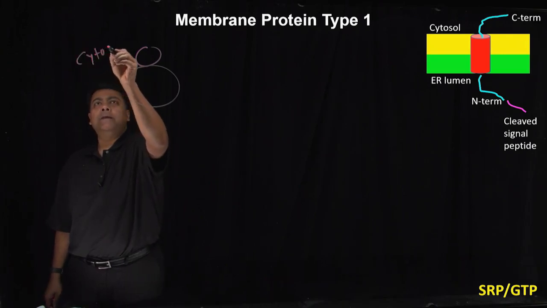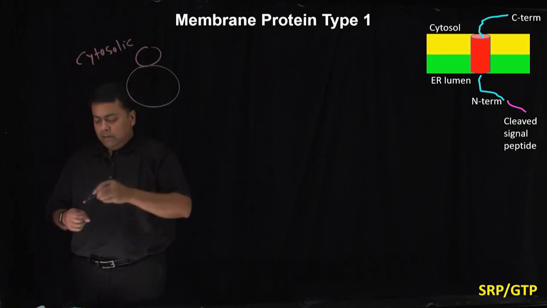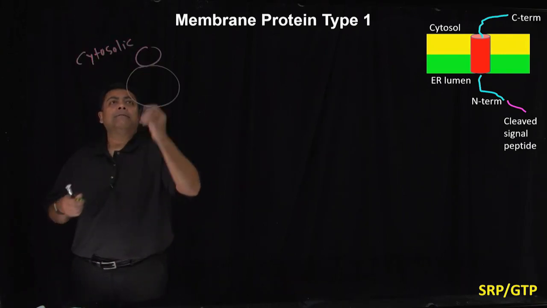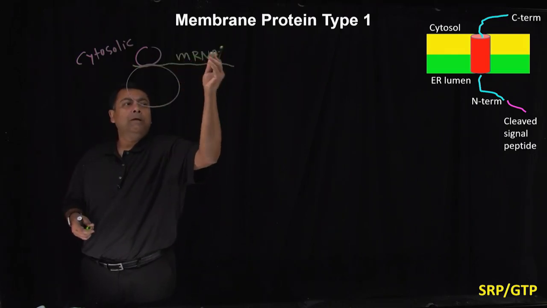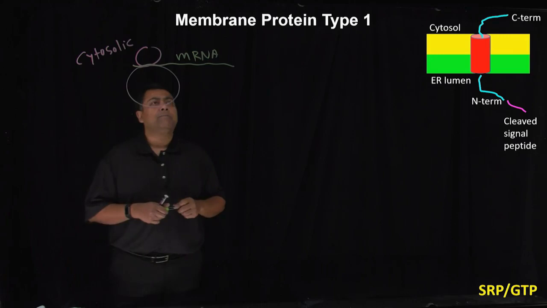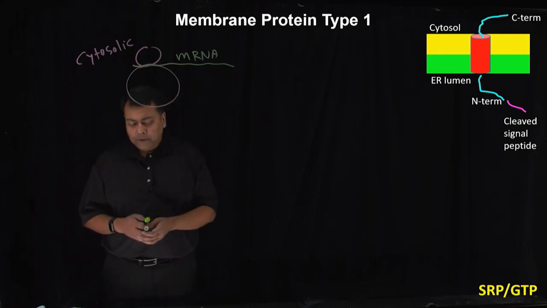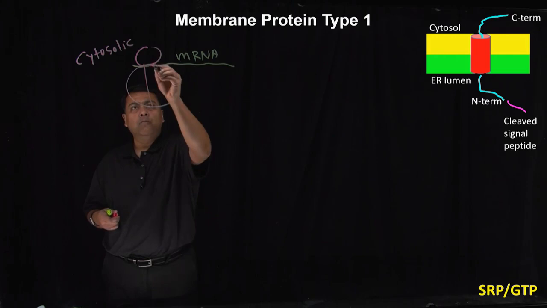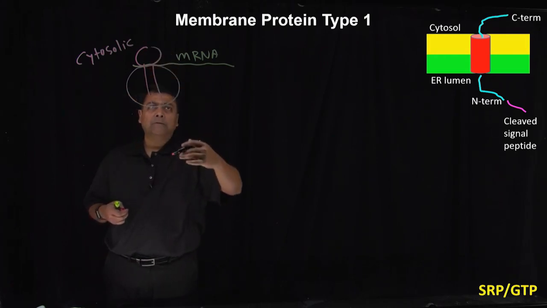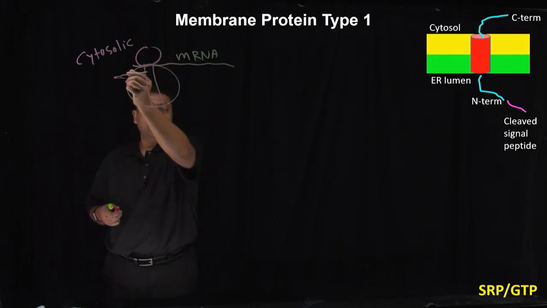This is your cytosolic ribosome, and it has the corresponding mRNA that is going to be translated into a type 1 membrane protein. This is the channel through which the protein extrudes out of the ribosome as it is reading the mRNA.